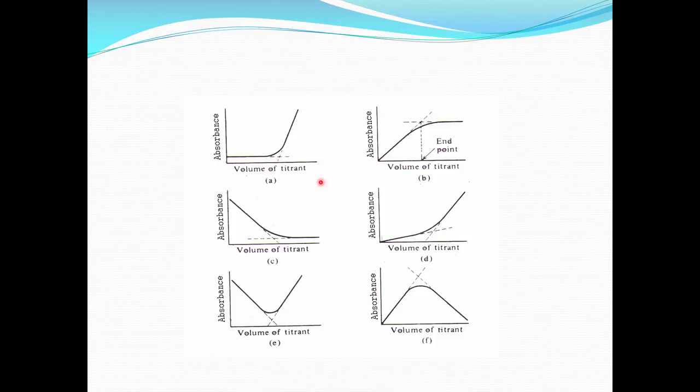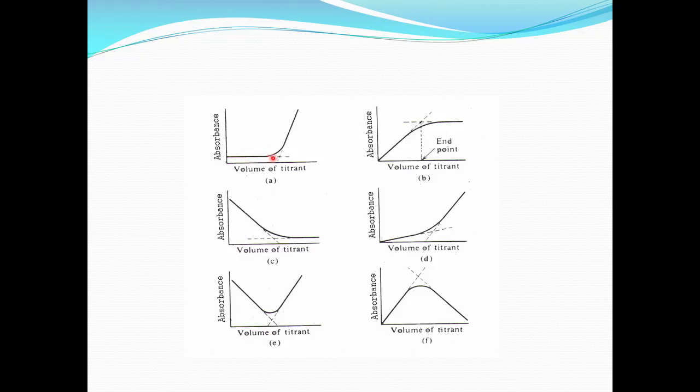So, here are some typical titration curves where we plot absorbance versus volume of the titrant. In the first case where I am pointing the pointer, we can deduce that the absorbance is constant here, that means there is no reaction.